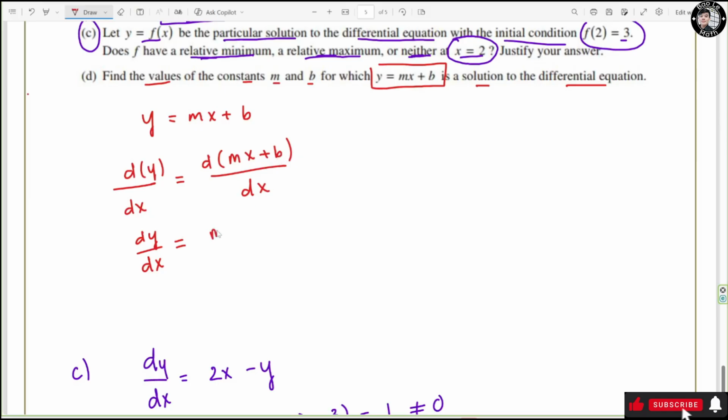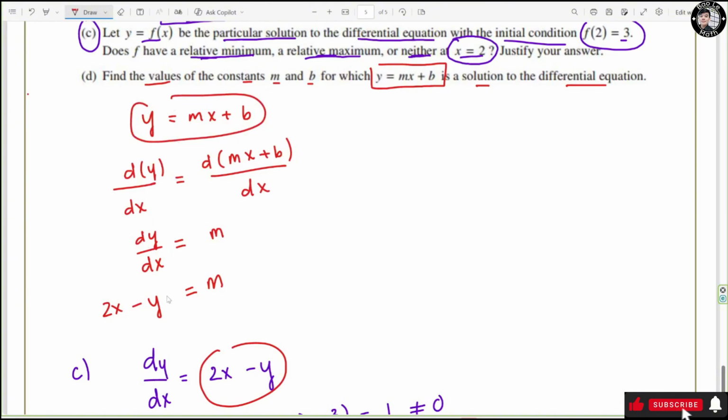So the final answer must be m, right? Now, dy over dx is given right here. It's going to be 2x minus y, right? So we have 2x minus y equals m, right? But y equals mx plus b, right? So we replace y with mx plus b, right? So we have 2x minus mx minus b equals m, right?